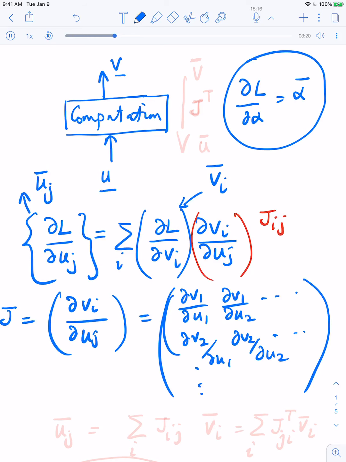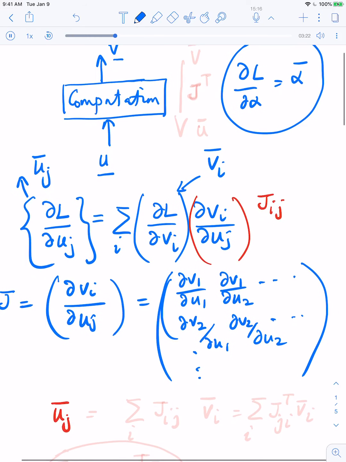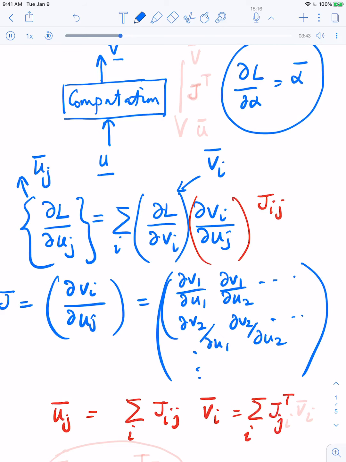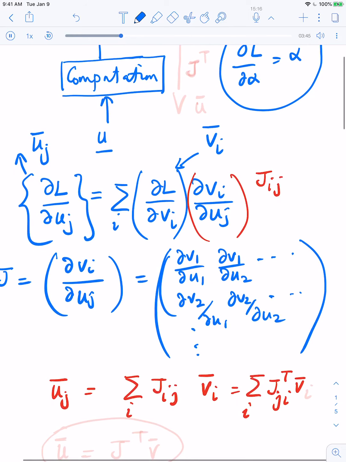So what have we just written? Let me rewrite it in red. uj bar is the summation over i of vi bar times Jij. Well, this doesn't quite look like a matrix product, so I'm going to make it look like one by writing this as J transpose ji times vi bar.